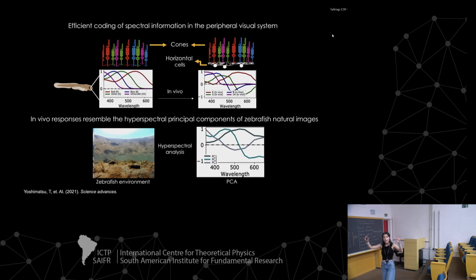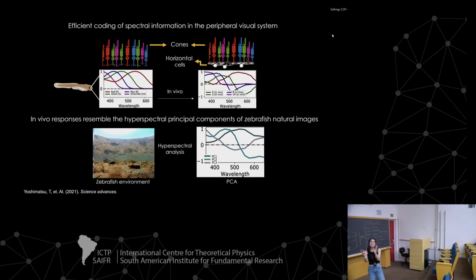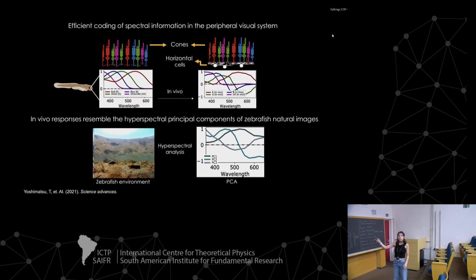You just have high dimensional data, and then you try to collapse the data into the axes that better explain the variance that you have, right? In this case, they found that with the first three principal components, they can explain most of the variance from these typical environments. And the interesting thing is if you qualitatively compare the responses of your neurons with the principal components, they look similar.